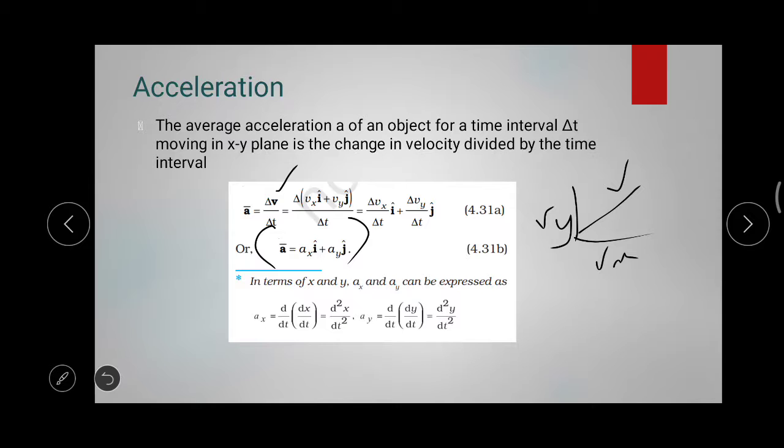We have to differentiate the position or displacement value, then we can obtain the acceleration. That is for the instantaneous acceleration, d by dt of dx by dt. dx by dt is actually v. We know that acceleration is dv by dt, so d by dt of dx by dt will be equal to the acceleration.